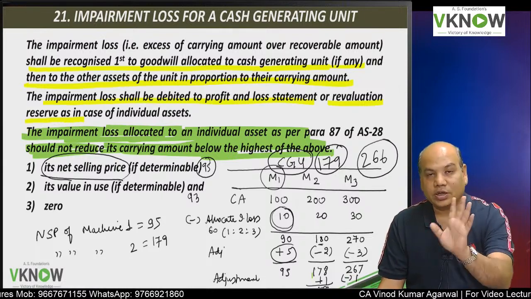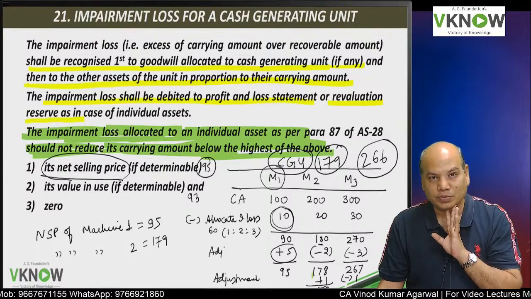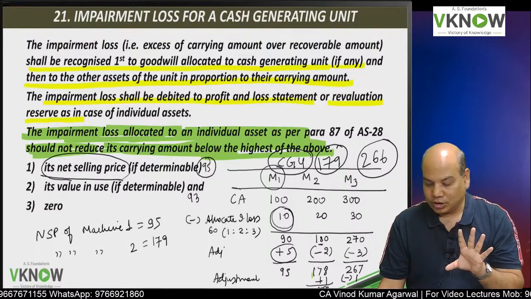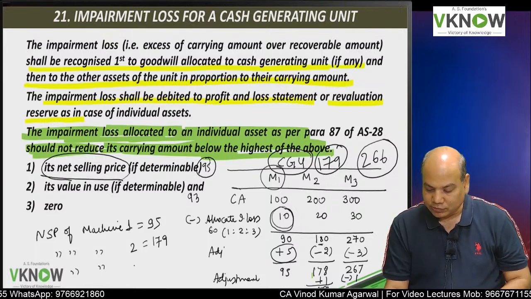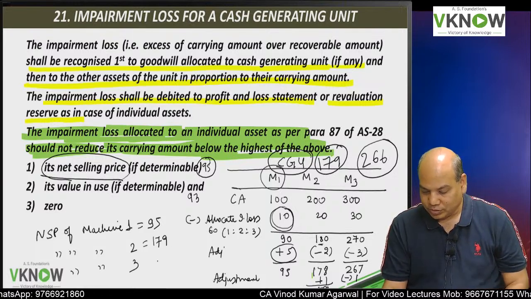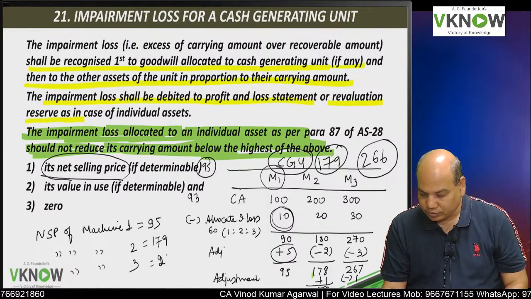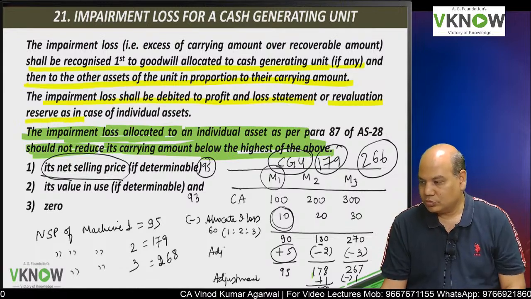Again you have to also check the net selling price and value in use of machine 3. Okay, now the student can have a query: what if the net selling price of machine 3 is, let us say, 268 only?